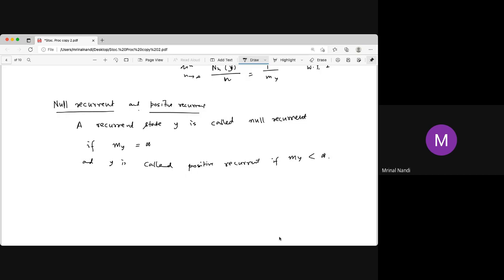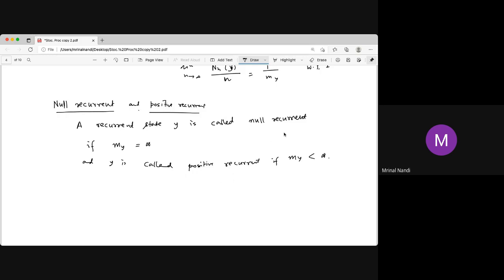You have to again classify the recurrent states into two different types, the null recurrent as well as the positive recurrent.